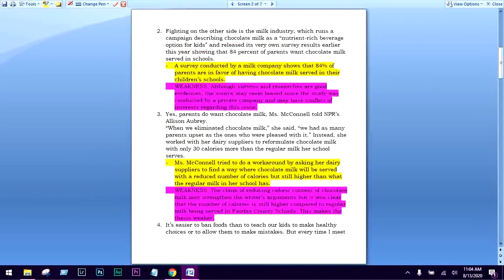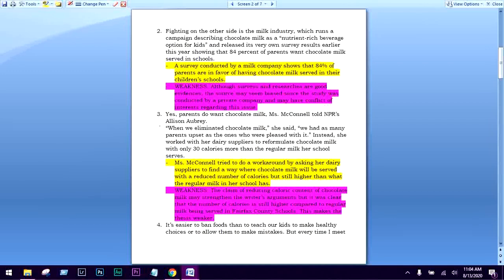Okay, the survey conducted by a milk company shows that 84% of parents are in favor of having chocolate milk served in their children's schools. Now, this is a very weak evidence. Why? Because, like what I said, it's full of bias. I mean, it's conducted by a milk company. All right, a private company.